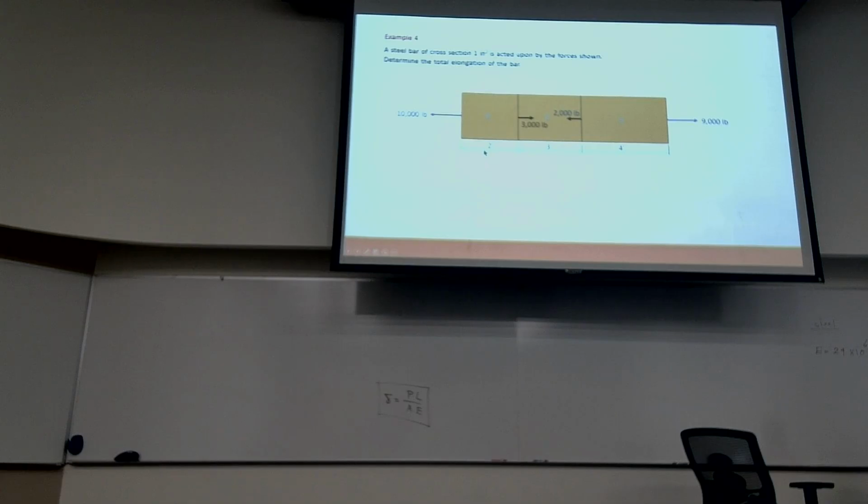Dimensions are shown: lengths of 2 feet, 3 feet, and 4 feet. Cross-sectional area is 1 square inch, and this is steel. We're asked to find the total elongation of this wire.